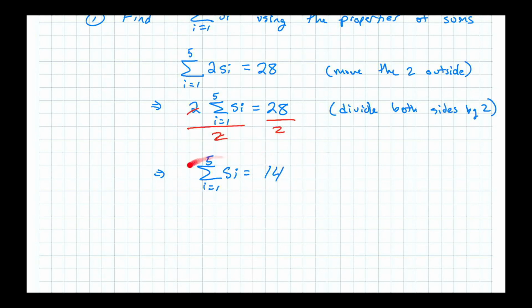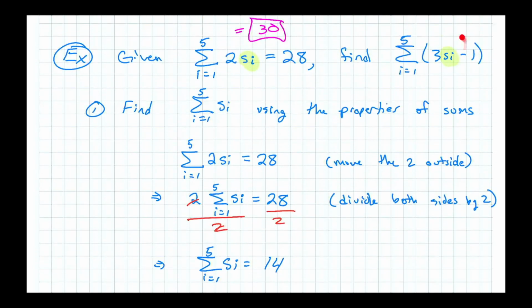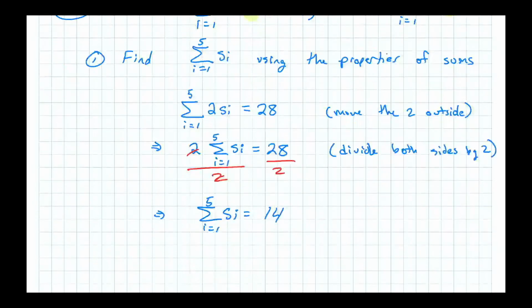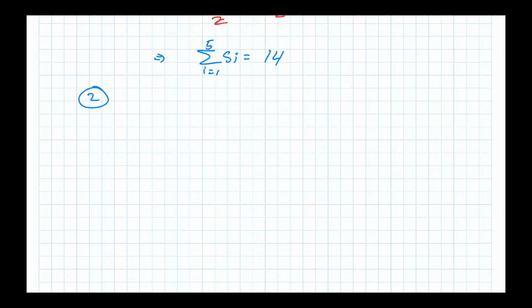Okay. Now, once you know this, we should be able to use this fact to actually answer the question. So we're supposed to be finding this thing, right? Because we know the sum of si now, and there's a 3 and a 1, but we know how to deal with those because we're smart. Okay. So now we're going to use what we know to find, what was it?